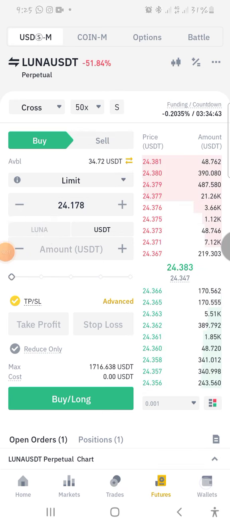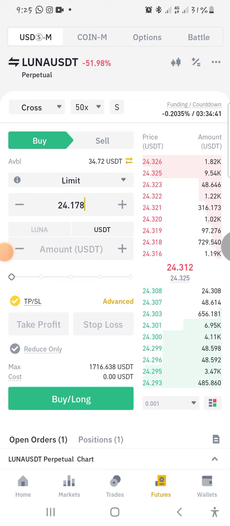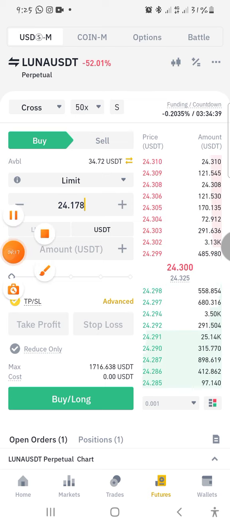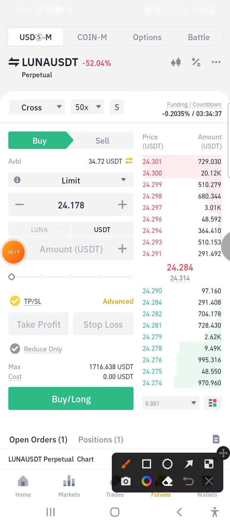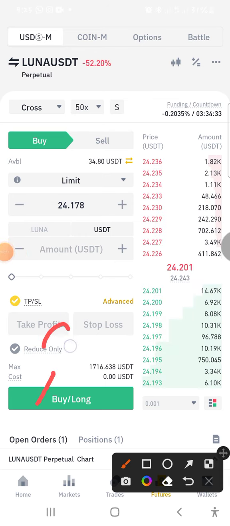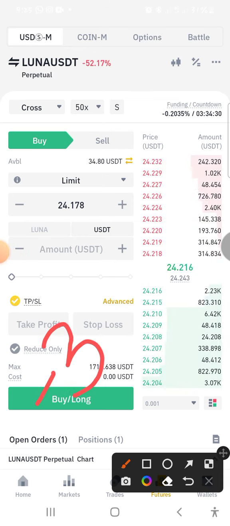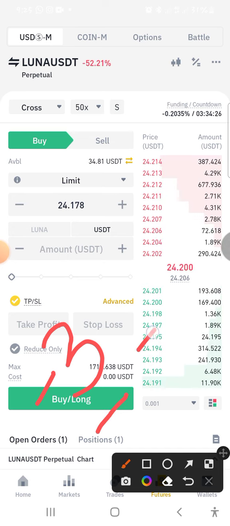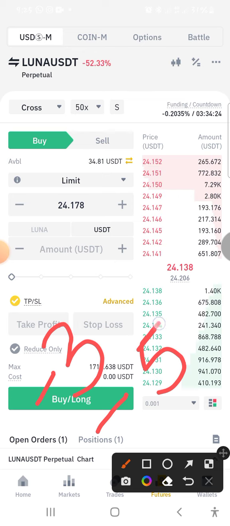So let's say your stop loss is minus 5, and the market has not hit the stop loss, and you are running on a loss of minus 3. You understand now? I am running on a loss of minus 3, and my stop loss is at minus 5.